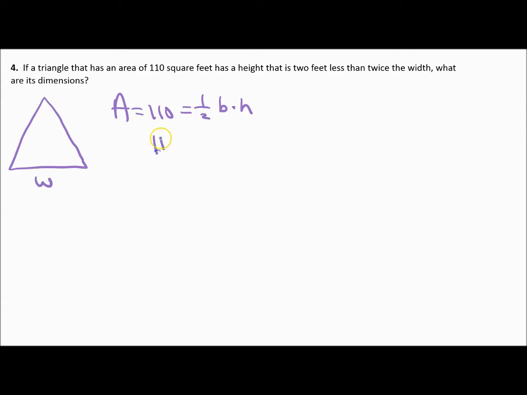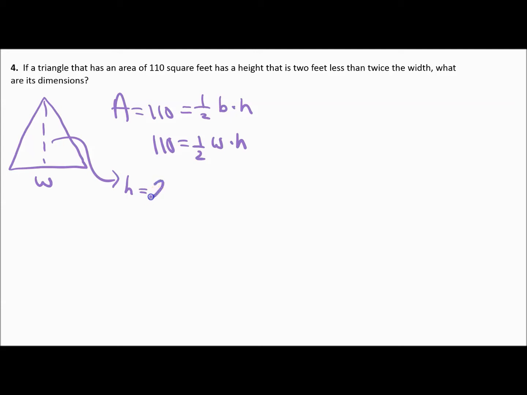So that's 110 is equal to 1/2 W times the height. Okay, our height, remember, is straight down. All right, and again, it says it has a height that is 2 feet less than twice the width. So this height is equal to 2 feet less than twice the width. Now, when you say something is less than something, that means you have to minus 2.